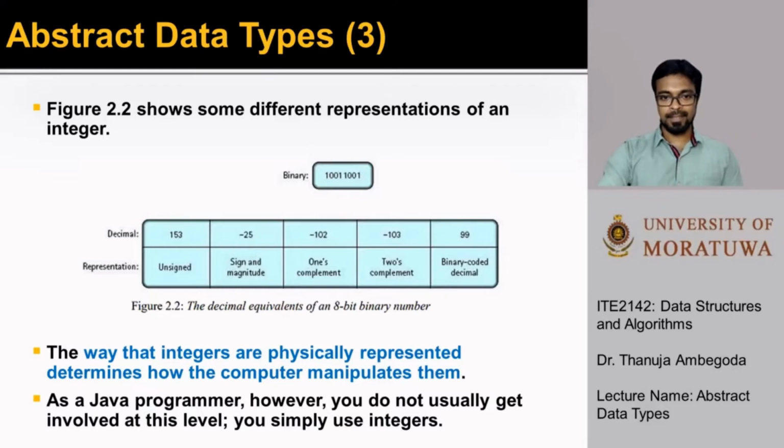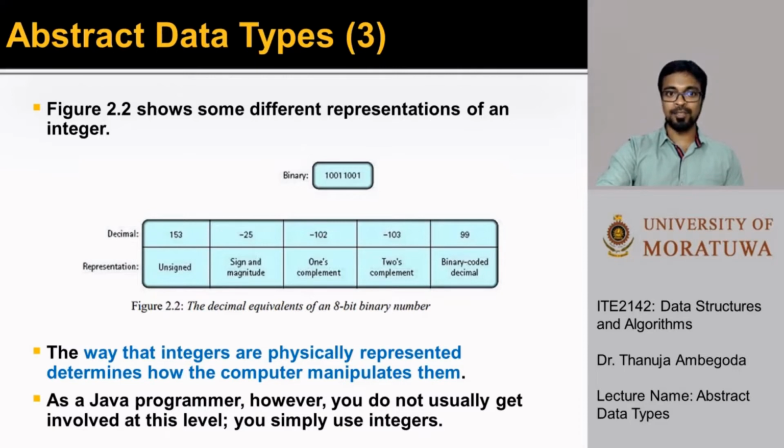In this slide, we have actually visualized the decimal representation of how a certain binary value is implemented or represented on different systems. So this binary value, if it is an unsigned binary value, this is the value, 153.